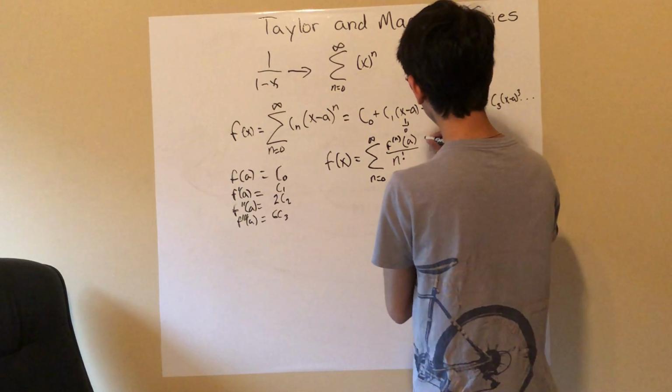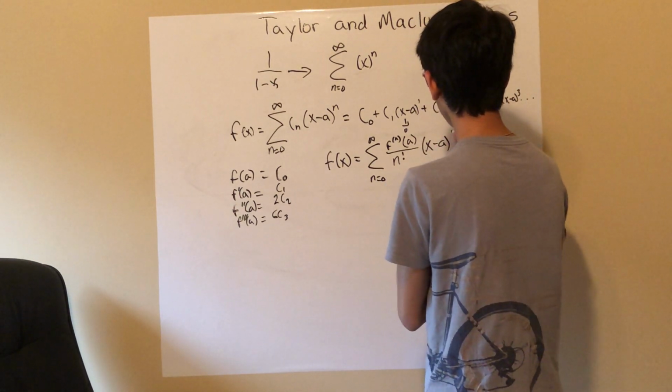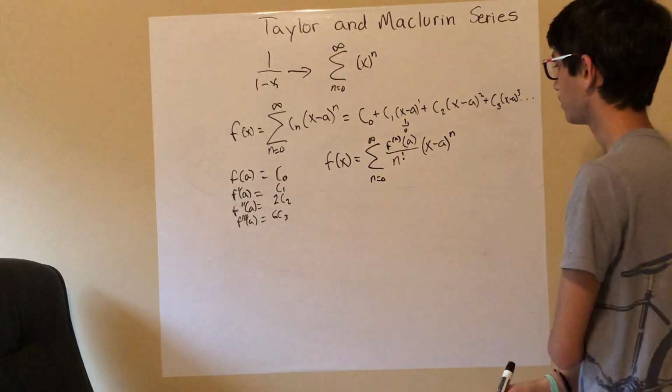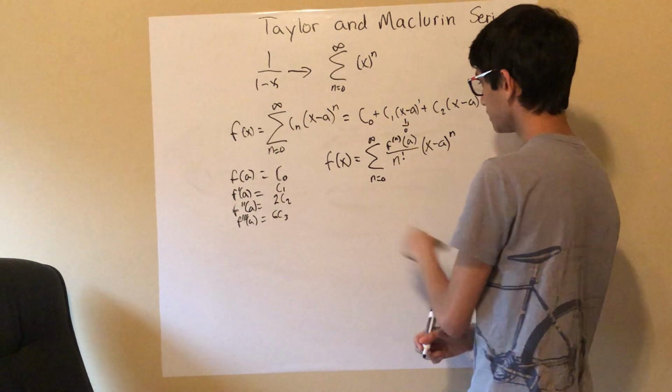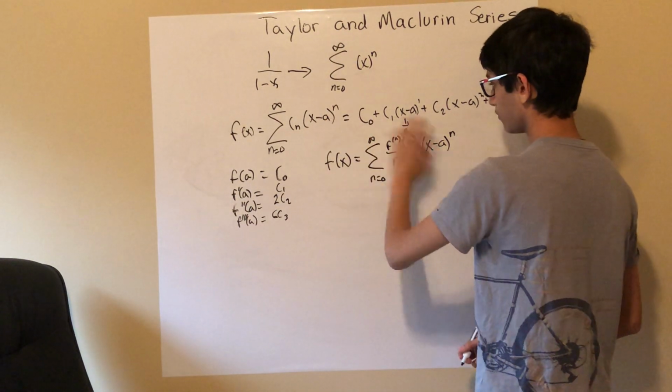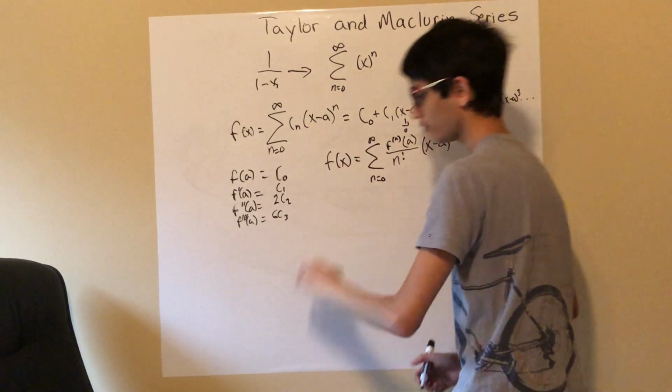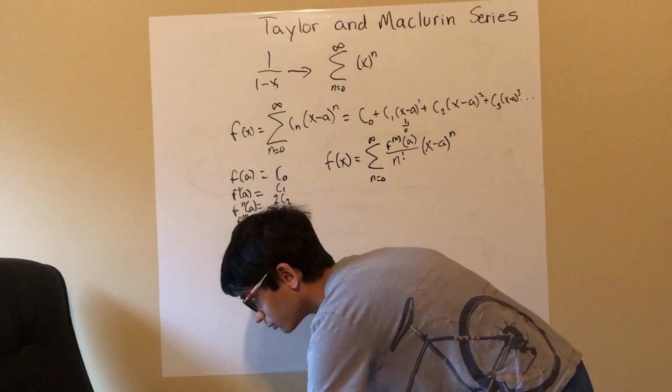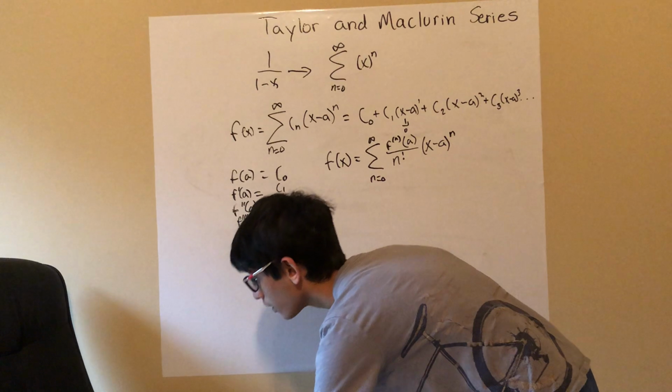And then times x minus a to the nth. So this is actually a very important formula. After I erase all of this, we will see how we can apply it.